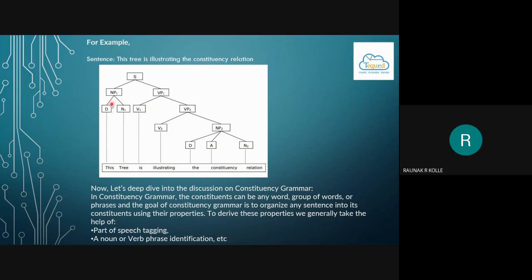The noun phrase is further divided into D and N. D relates to the description of where it's happening, or descriptor. For example, the word this, the, and so on. The noun phrase N1 stands for the noun tree, N2 stands for relation, and so on.